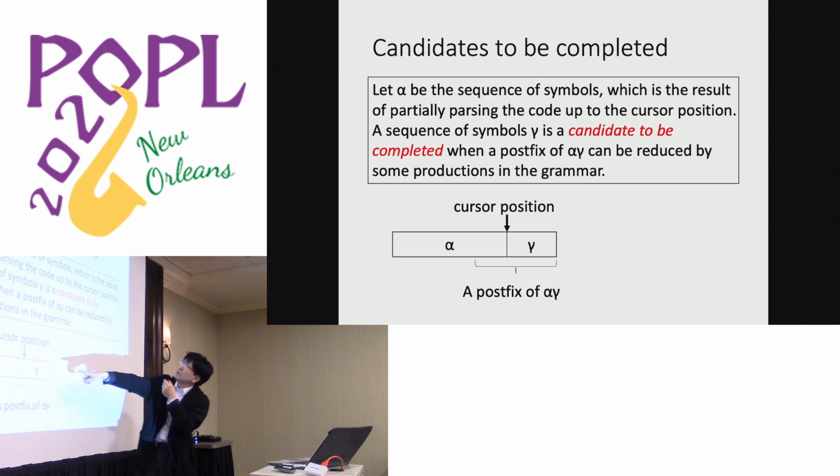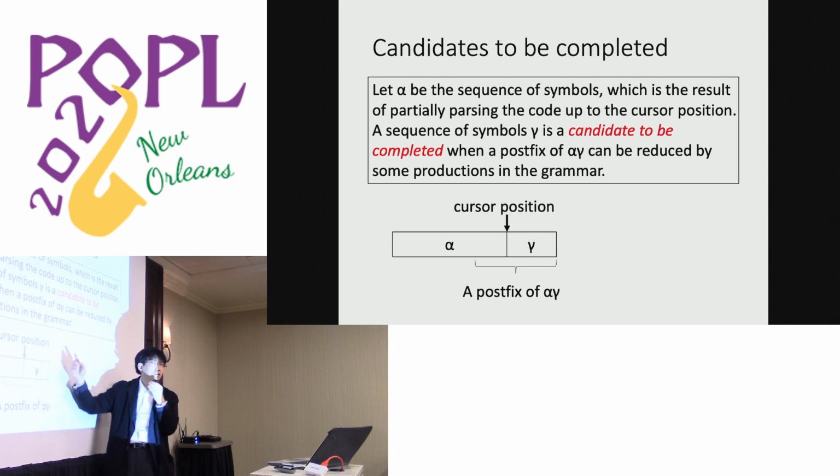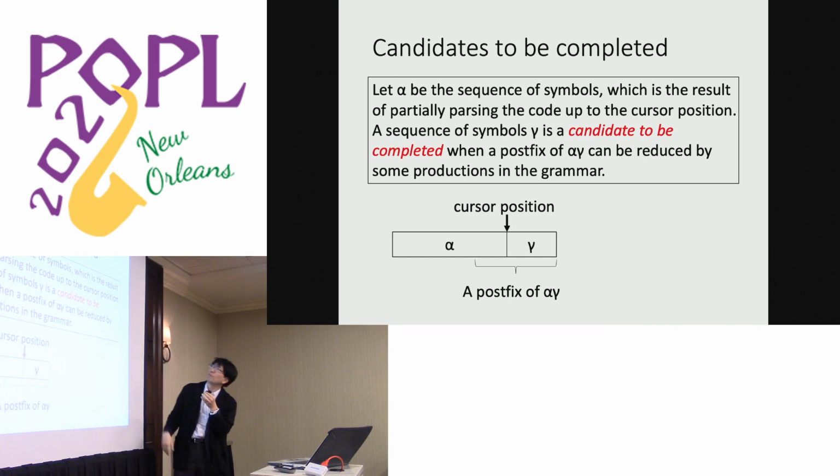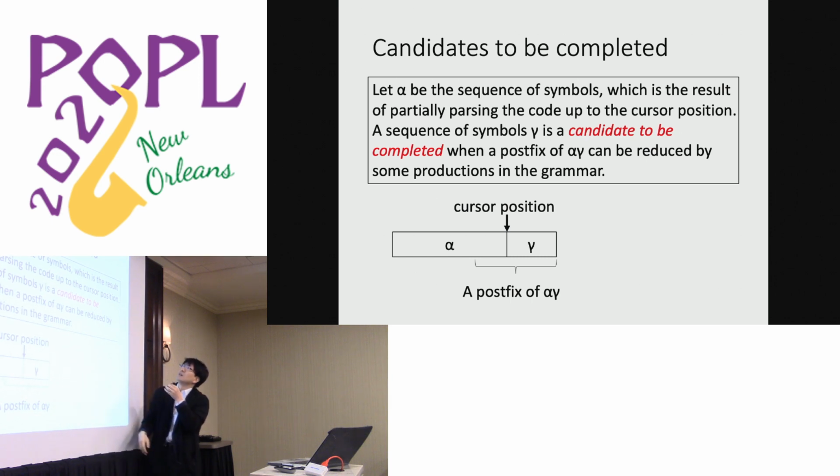Let alpha be the sequence of symbols, which is the result of partially parsing the code up to the cursor position. And then a sequence of symbols gamma, which is not being input yet, is a candidate to be completed when some postfix of alpha gamma can be reduced by some production in the target grammar of the language in error parsing.